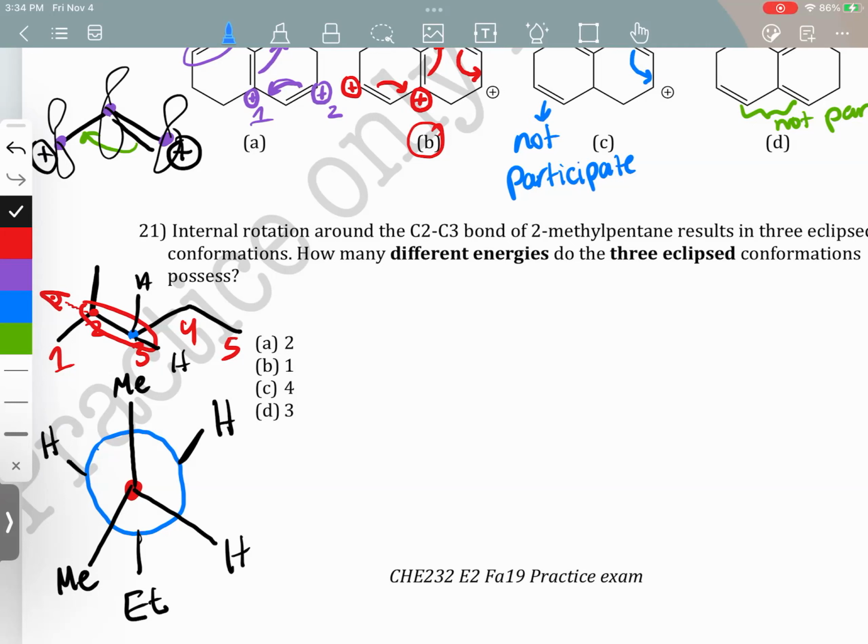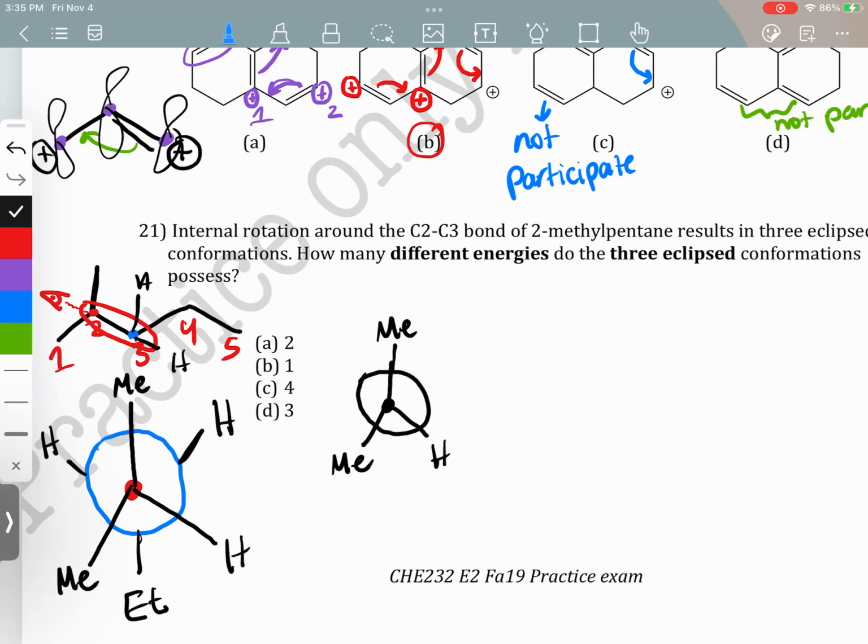Now we want to rotate so we can see our 3 eclipsed Newmans, right? So what we're going to do is rotate the carbon in the back. The front carbon will remain the same. So if we rotate the one in the back so that we get our first eclipsed conformation, what would it look like?